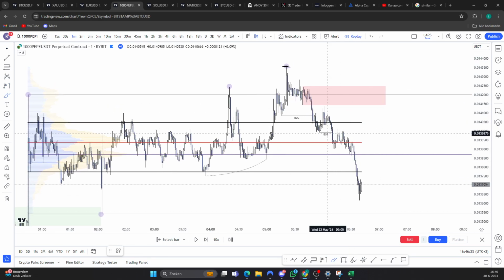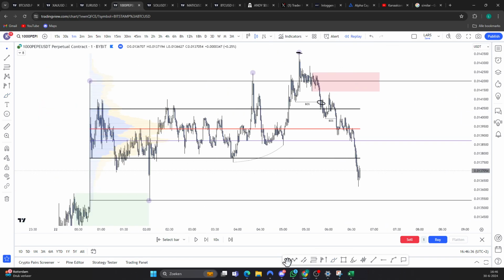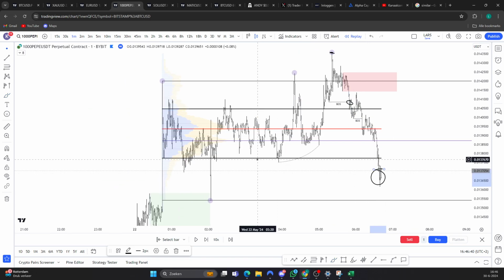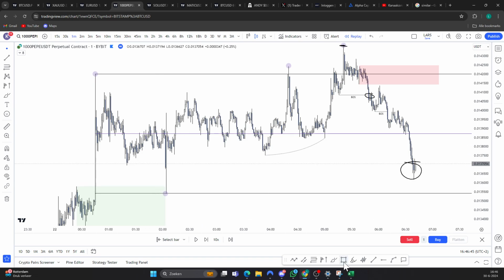Now, I would move my stop to entry. And we took a lot of liquidity lows. So I would already hit a TP down here, because you might not see it on the 1 minute, but this is actually demand, right?